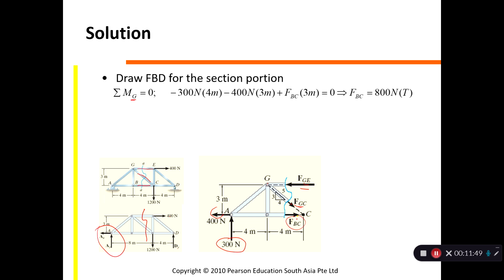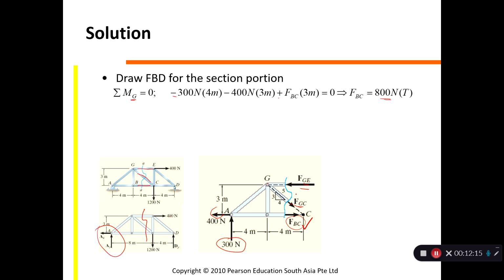Just take FBC. So you can pause to analyze the equation. As you know, the negative and positive depends on clockwise or counterclockwise. Just check if you have the right final answer: if positive, that means you have assumed the correct direction. So this is done.